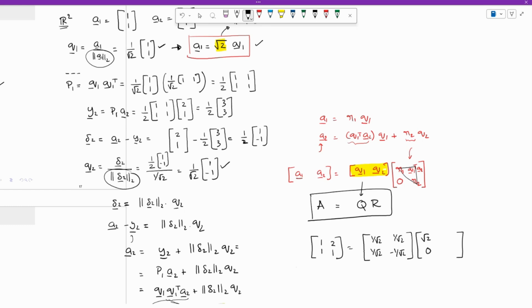Well, we've already done the computation. You just have to figure out what the numbers are. What is R2?